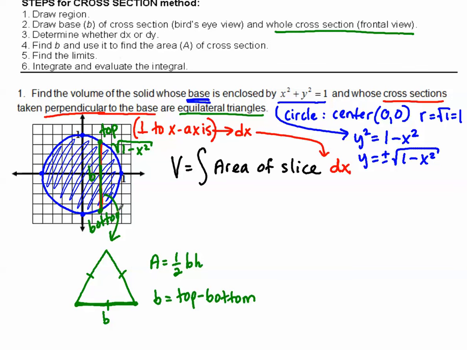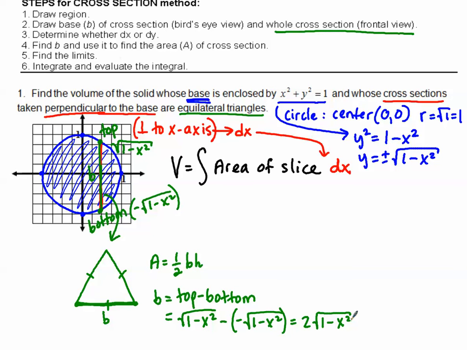The bottom half is the negative square root of 1 minus x squared. So top minus bottom becomes square root of 1 minus x squared minus negative square root of 1 minus x squared, or 2 square roots of 1 minus x squared for short. So that's how we can represent B, the base.